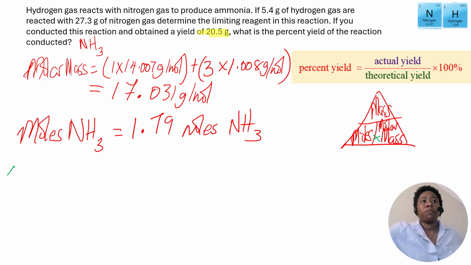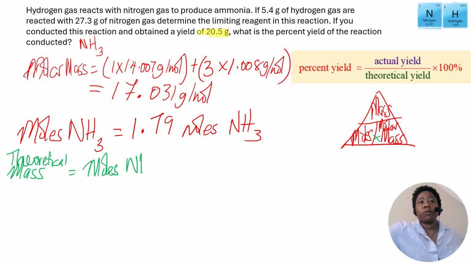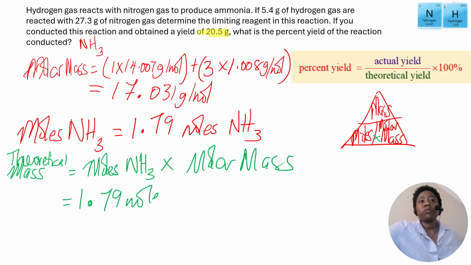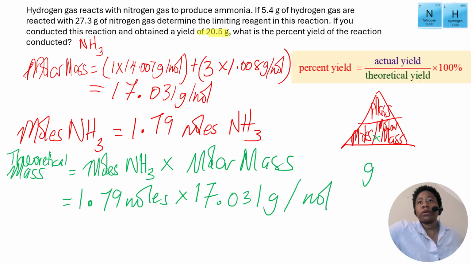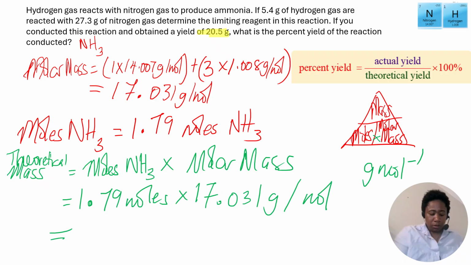So mass, or theoretical mass in this case, is equal to moles of ammonia multiplied by molar mass. The moles of ammonia, 1.79 moles, and the molar mass is 17.031 grams per mole. Again, this could also be written as that, however you feel comfortable.